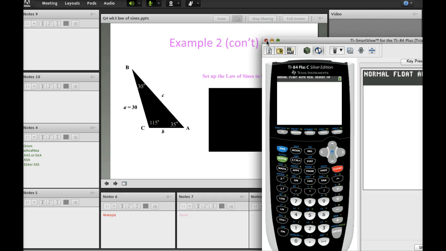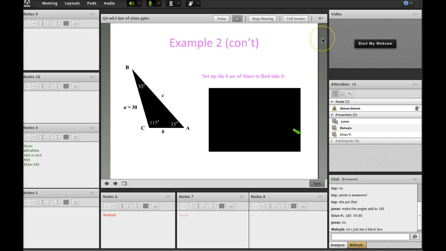I have a calculator that I pull up, but apparently no one can see it.